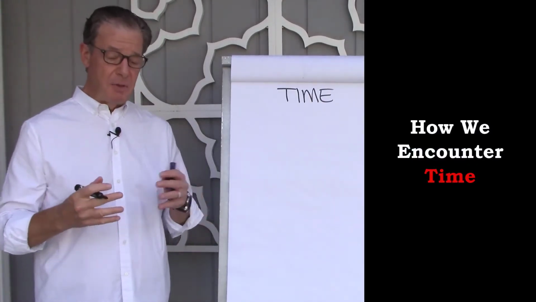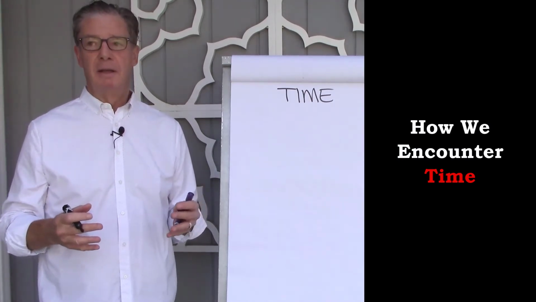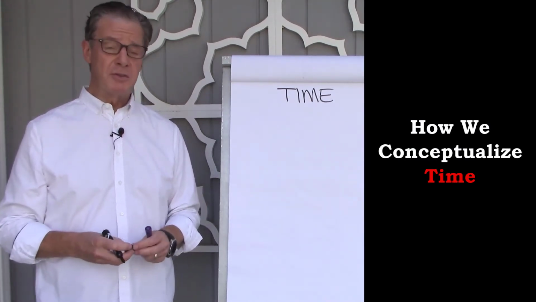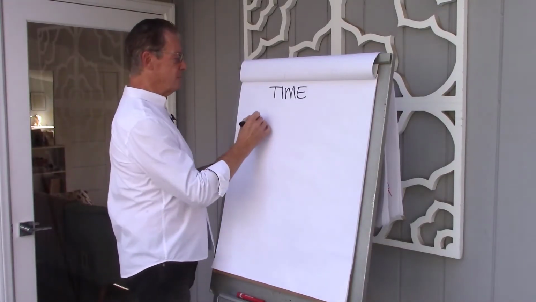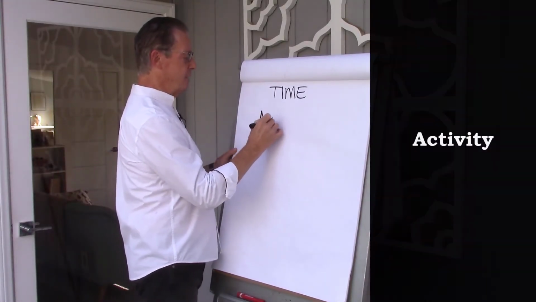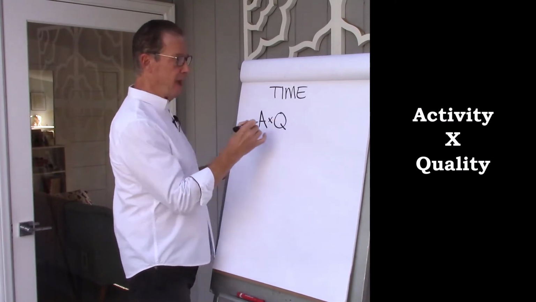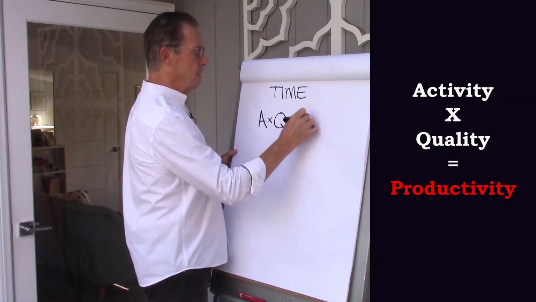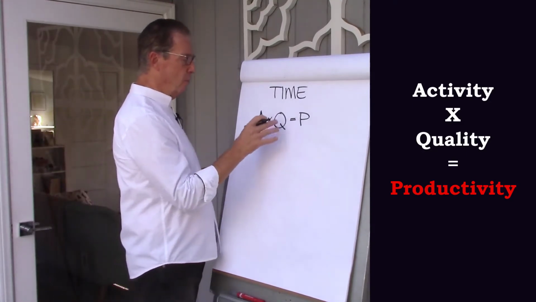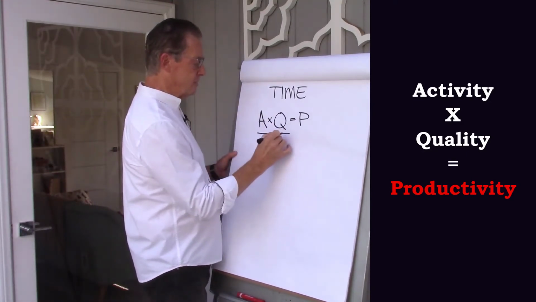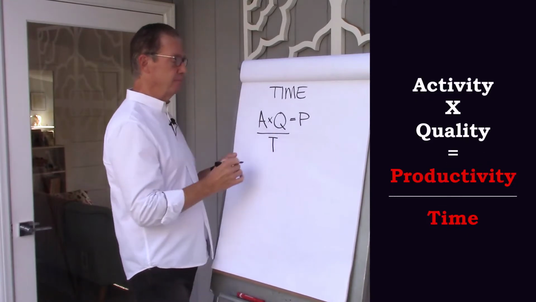One is some of the ways that we encounter it, and the other is that we don't conceptualize it very well. One of the first places it shows up for us is in our equation, activity times quality of the activity equals productivity. And what we added to that was over time.